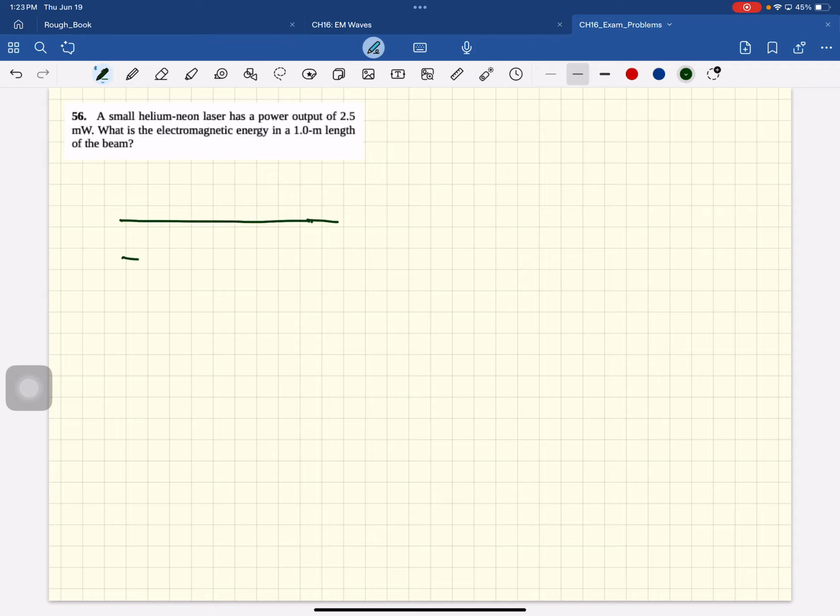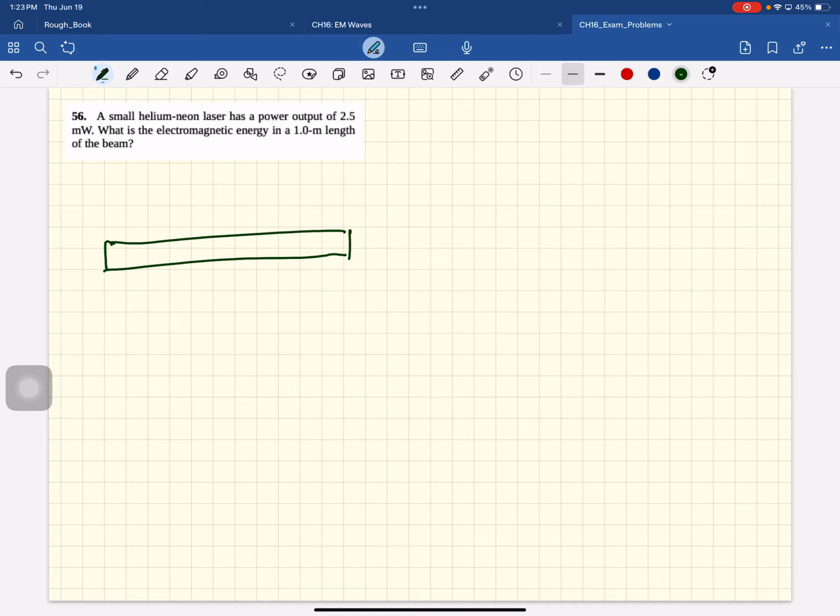So, in 1 second, this beam will have a length of c, and the energy content, see, this is producing milliwatts, that is 2.5 millijoules.